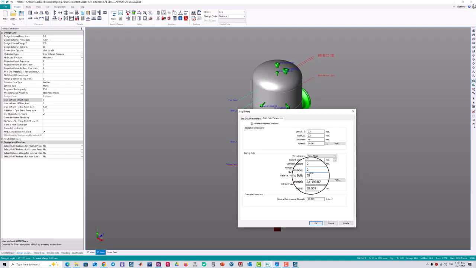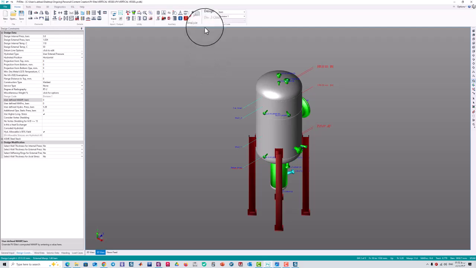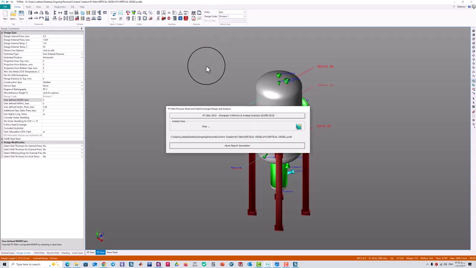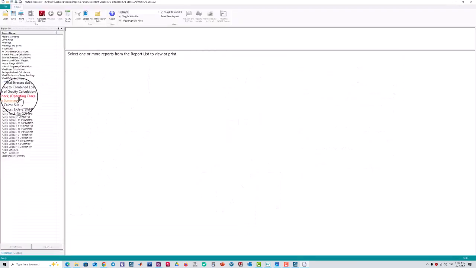And in accordance with the DWG, there are only 2 anchor bolts for this vessel. Run the model.